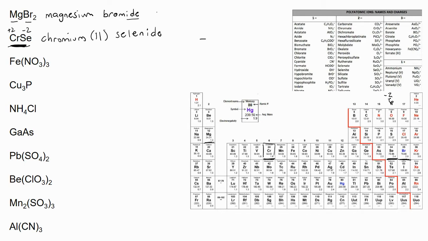Our next piece is iron. So iron is our cation, and then we've got a polyatomic ion for the anion. So iron, Fe, we can find it right here on the periodic table. Again, it's in the transition metal group, so we're going to write iron, leave space for our Roman numerals, and then we need to name the anion. Since it's a polyatomic ion, we go over here to our chart and have to find the one that says NO3.